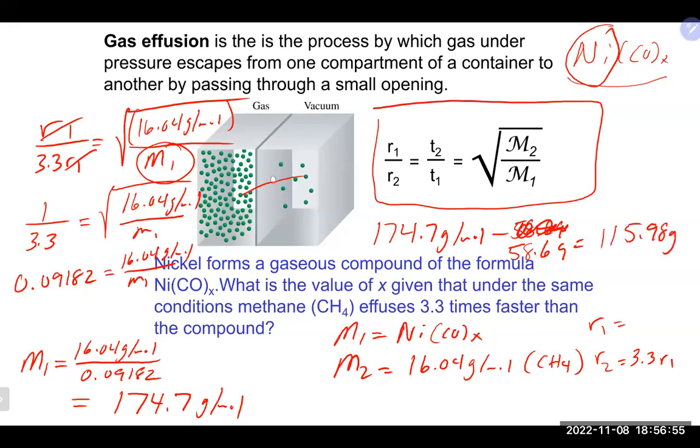115.98 grams is made up of these carbon oxygen units. So we know each carbon oxygen unit is 12.01 plus 16, that's 28.01.